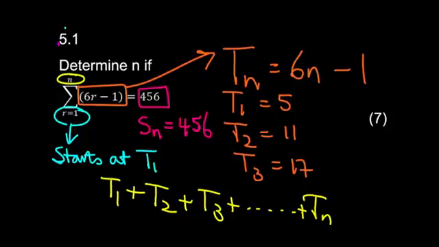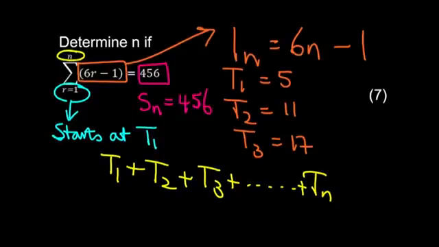The question is, how many terms am I adding up to get to a sum total of 4, 5, 6? So notice how much decoding I've had to do to understand what is hidden behind all these numbers and variables. Okay? First one is the sequence and how it's made up, the general term. The second one is my sum. The third one is where do I start with my sequence, and the last one is where do I end, what is my last term.